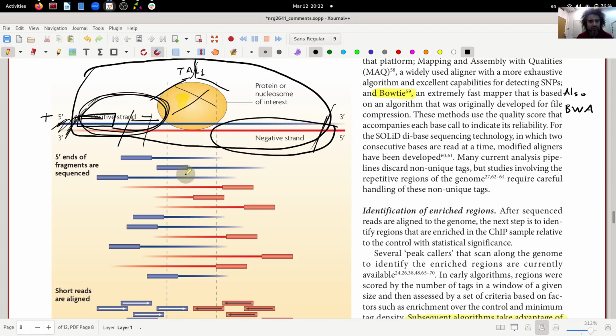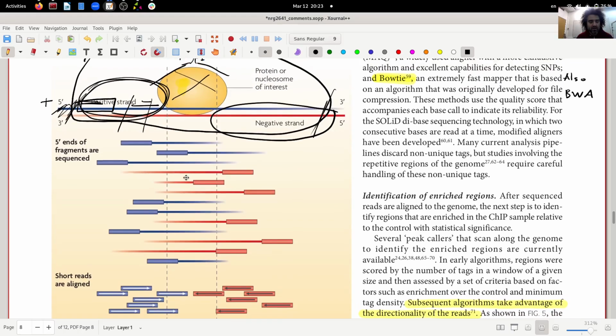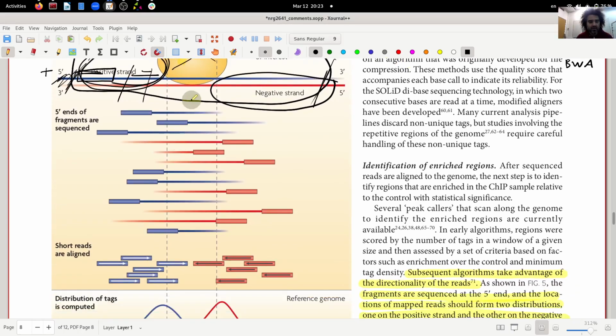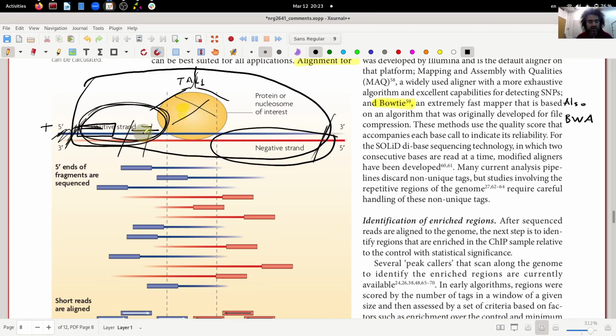Okay, so the point is the following. Now, we will not have the same number of reads stacked in the plus and minus strand around the protein of interest. We'll have several reads on this side of the plus strand and several reads on this side of the minus strand.